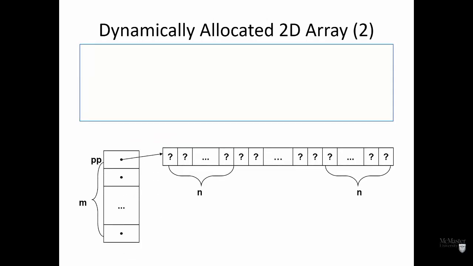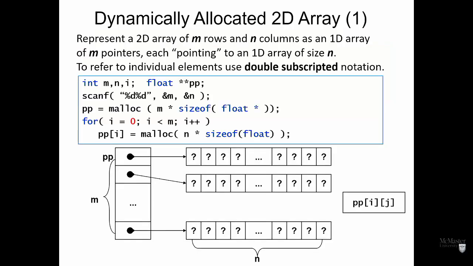So another way of doing things is, instead of doing this loop with malloc for each entry, you can, in reality, allocate all these things as one chunk, and then make each pointer point to the n-size piece. So instead of allocating different n segments, you can create one total m by n segment, but then each of these pointers has to point to 0, n, 2n, 3n, 4n, right?